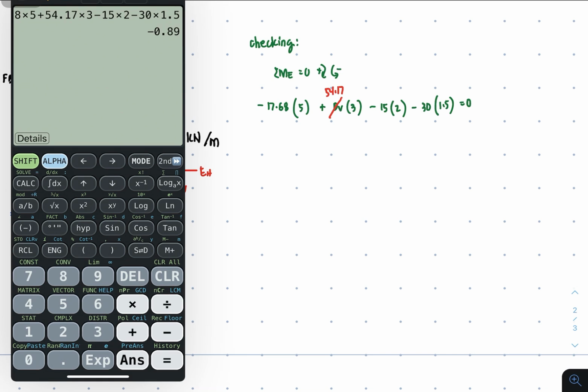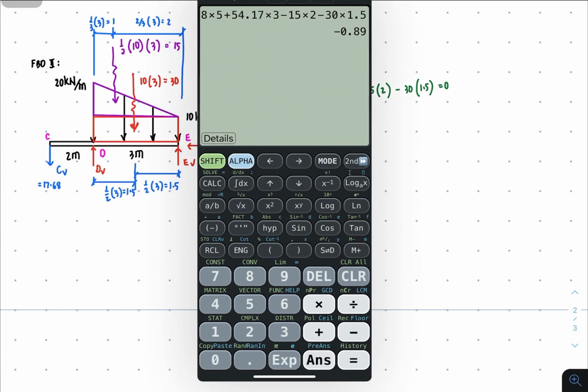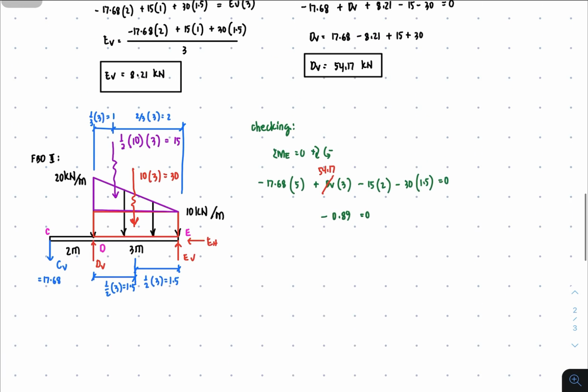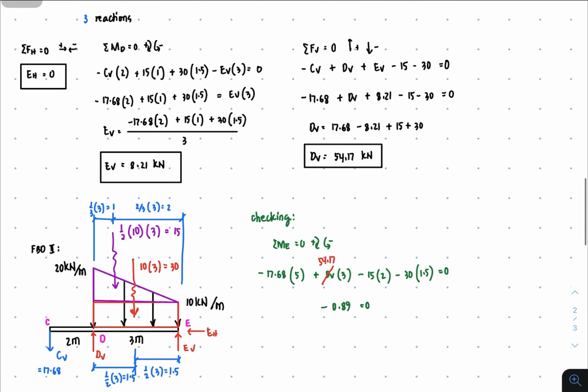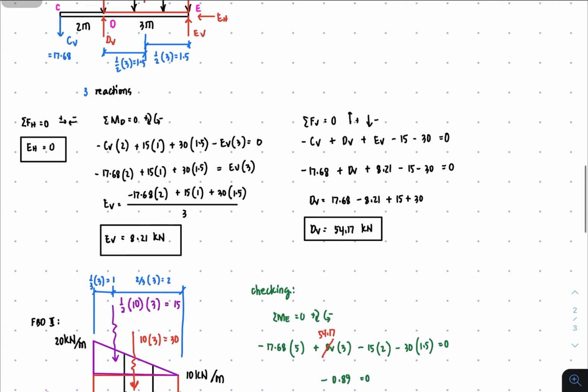So it's negative 0.89 equal to 0. It's quite a lot. What happened? Let's check whether we got this correctly.